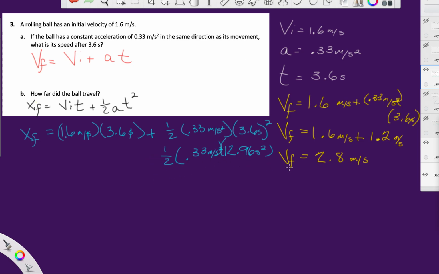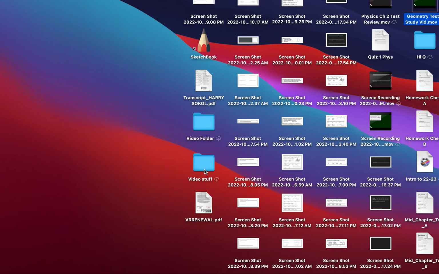Right? And if I do all of this, this value times 1/2 times 0.33, I get approximately 2.14.